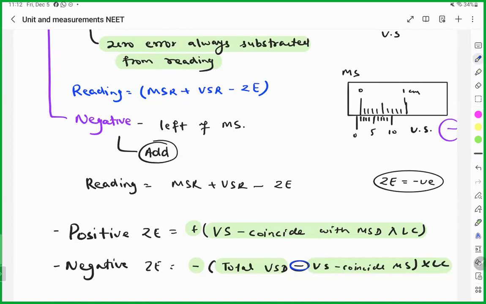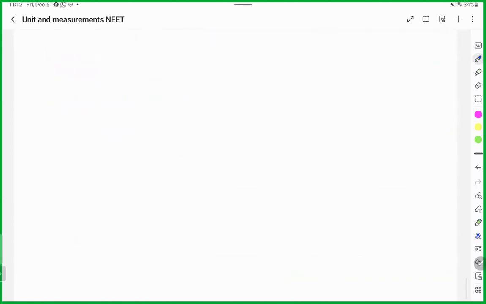No, sir. I will do some questions, because theory does not make sense unless we do questions. So, example: the jaws of the vernier caliper are in contact with each other. You have to determine the zero error of the vernier caliper.